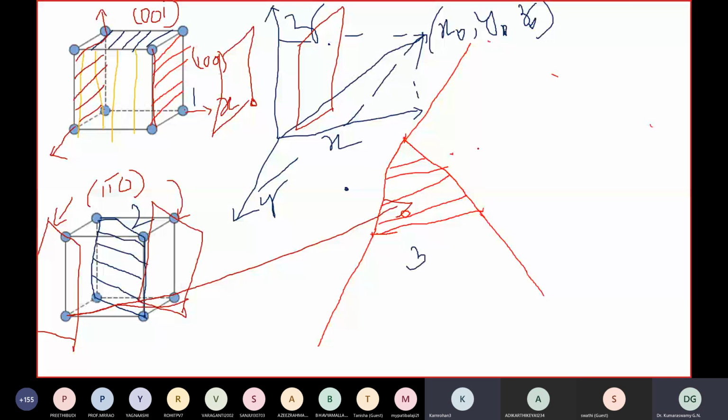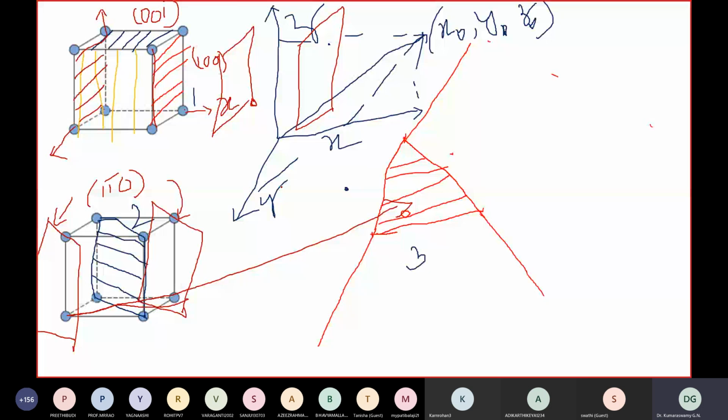It doesn't matter whether you represent it that way or this way. With respect to this, you can represent it as 1 bar 1 0, right? So 1 bar 1 0 and 1 bar 0 don't differentiate at all. They always look same.